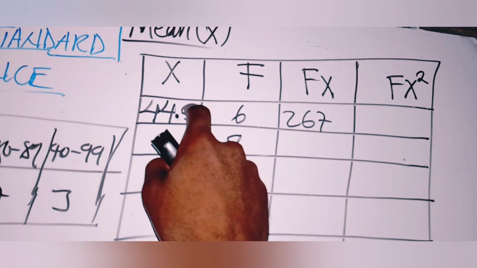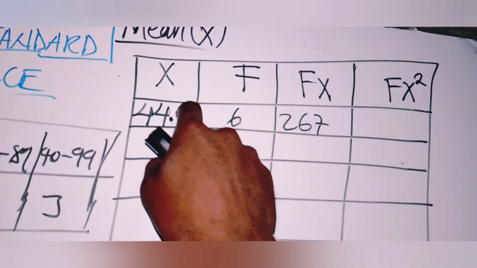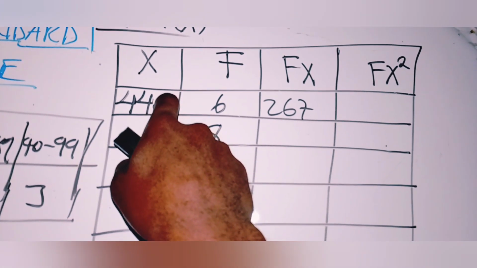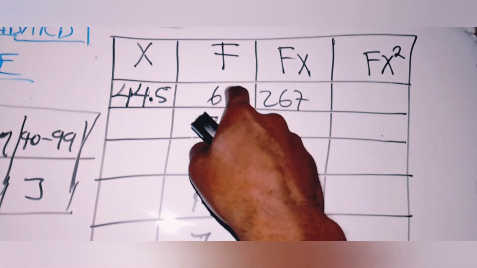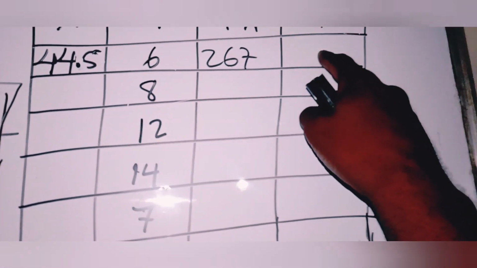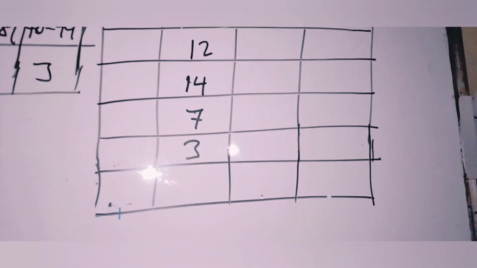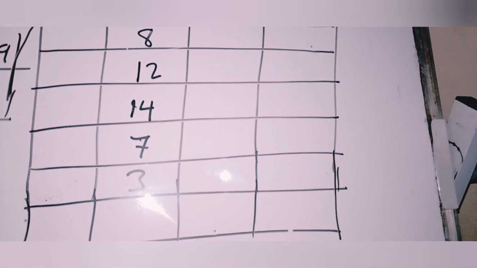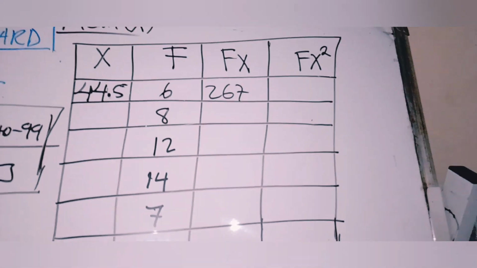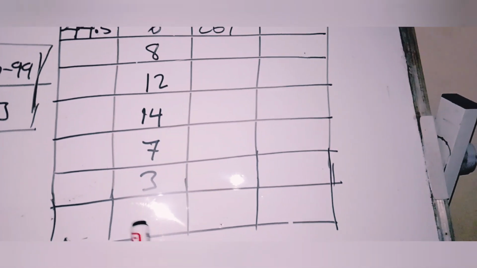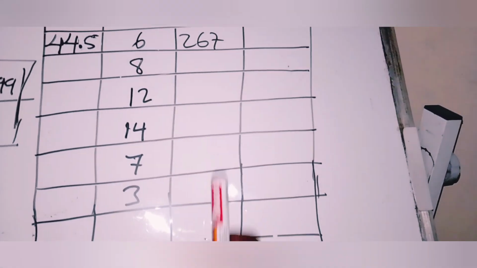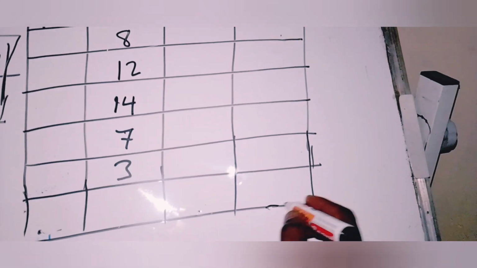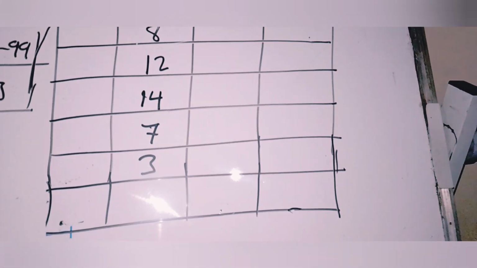If you're using a calculator, you press 44.5 squared, press equals, and then the answer times 6, that's the one you're going to put here, and then you fill up everything. And then from there, you just sum up, sum up everything to find the mean.